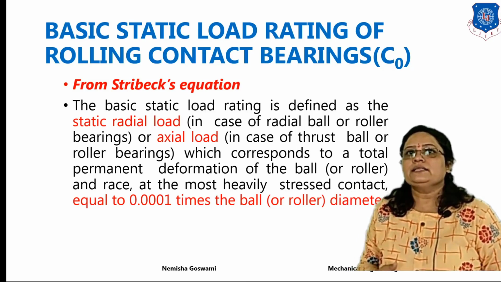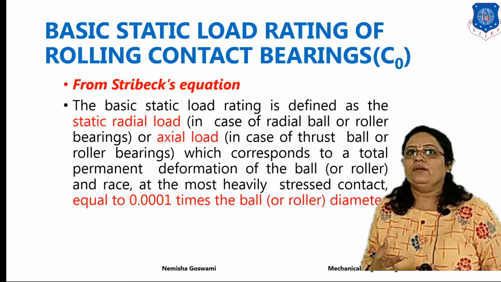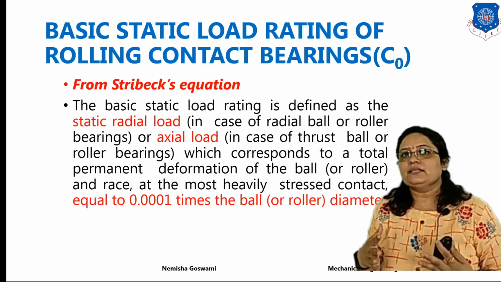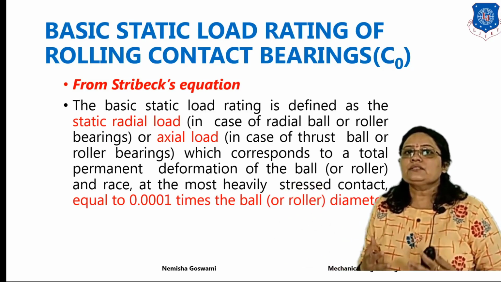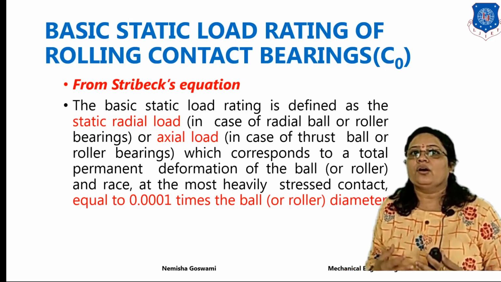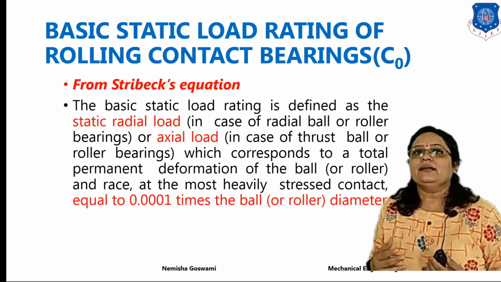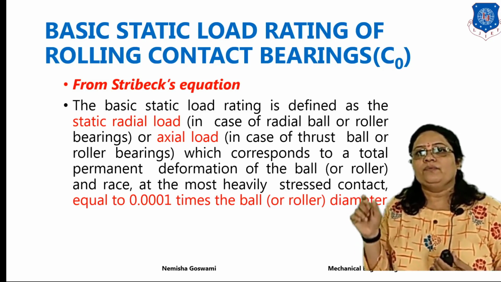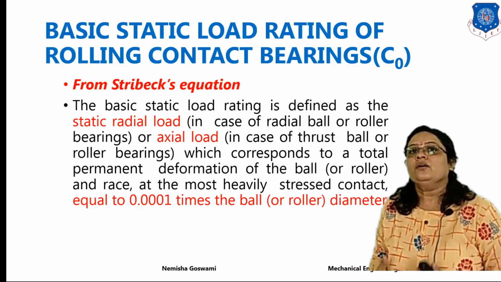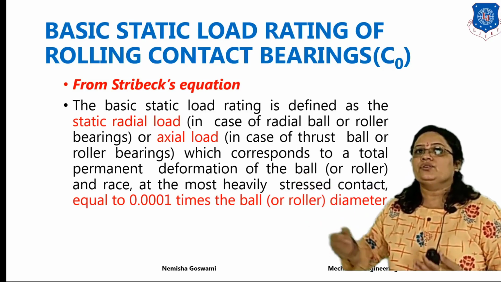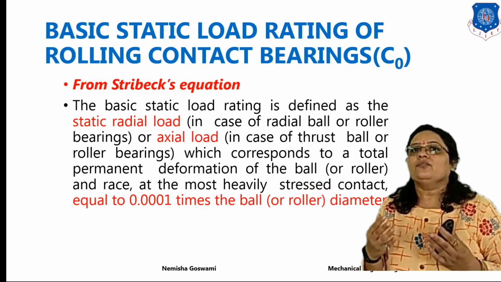So what is this, which corresponds to total permanent deformation? What is the condition of deformation? We consider the most heavily loaded ball, the one having the highest load on the bearing. The deformation is equal to 0.0001 times the ball diameter or roller diameter.